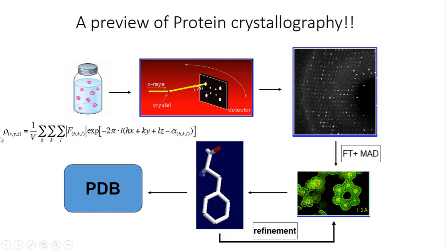So the very first step you can consider is that you need to figure out the crystallization condition. And in order to figure out the crystallization condition, there are a few steps that happen before this step as well.